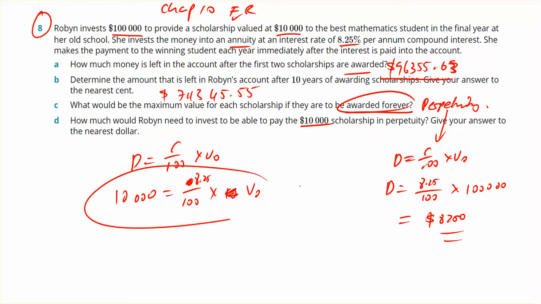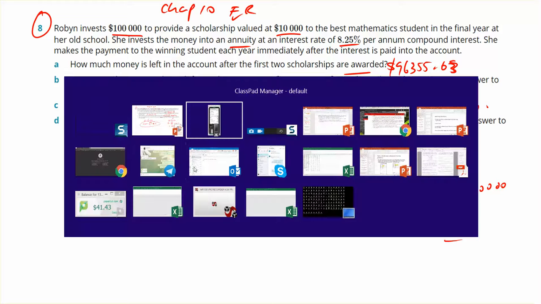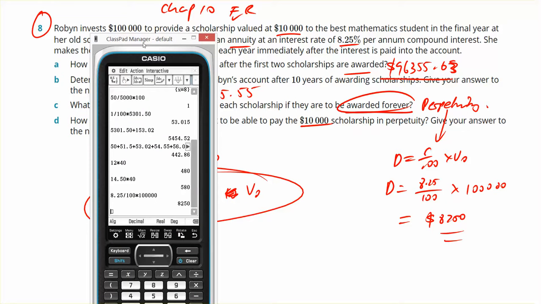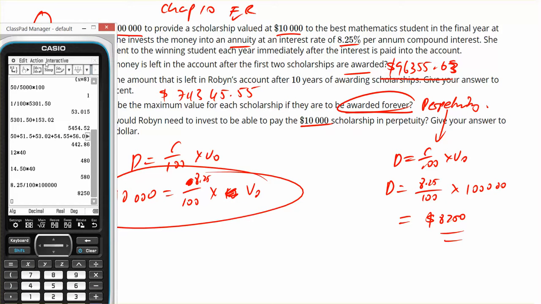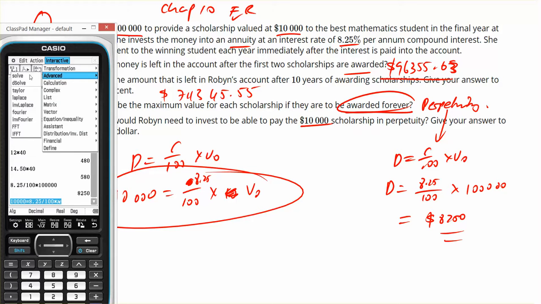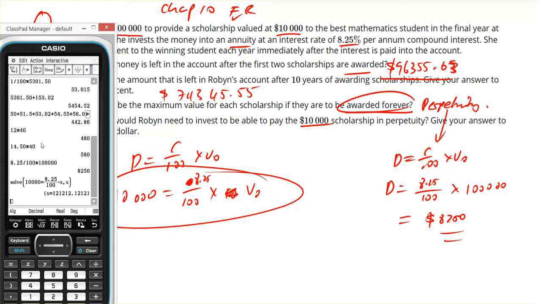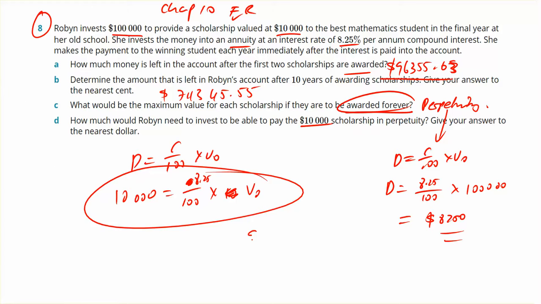So we're going to go interactive and solve. 10,000 equals 8.25 divided by 100 multiplied by x. It says round to the nearest dollar, so it's 121,212.